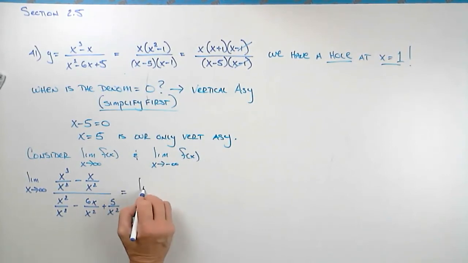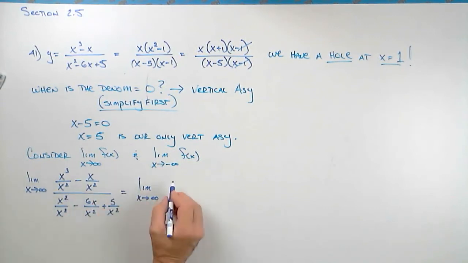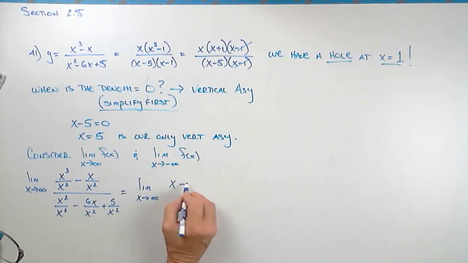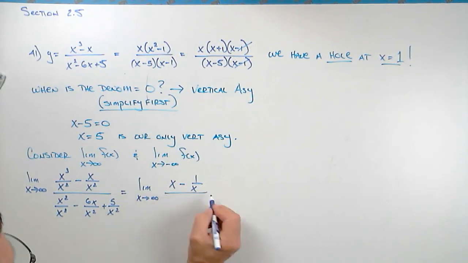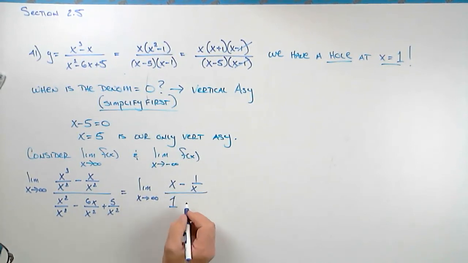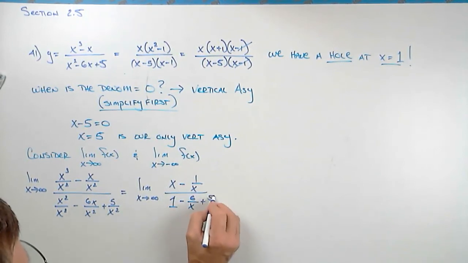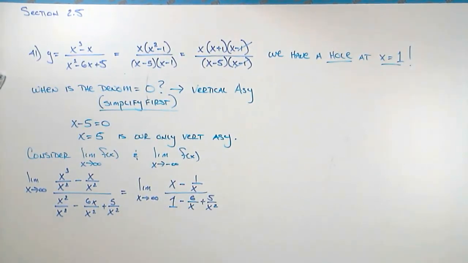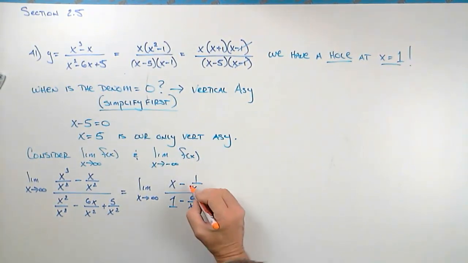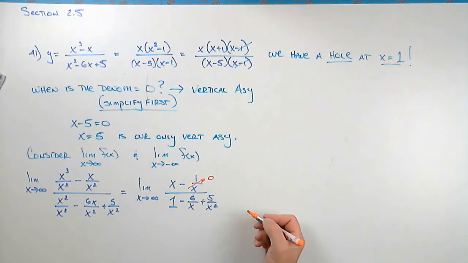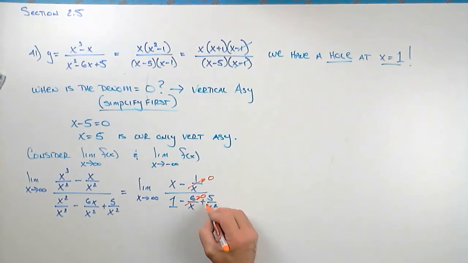We then simplify. Here we're left with x. Here we have minus 1 over x. Here we have 1. Here we have minus 6 over x. And this is 5 over x squared. Now we've seen problems similar to this prior to this in the homework. We know this goes to 0, this goes to 0, and this goes to 0 by our dominating function analysis idea.